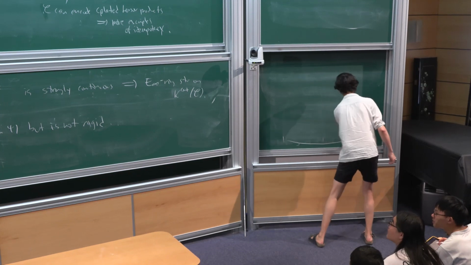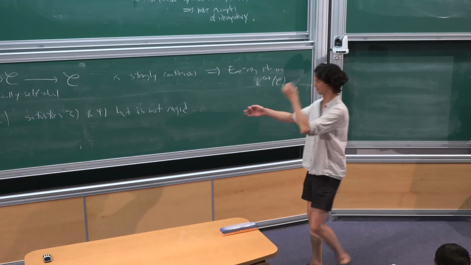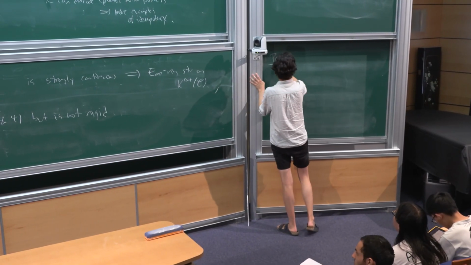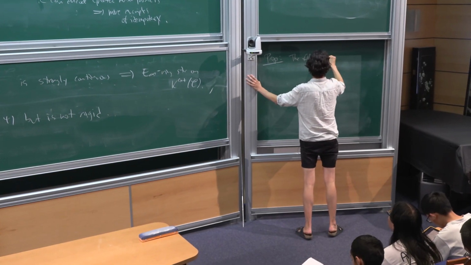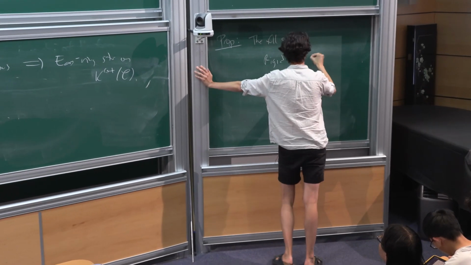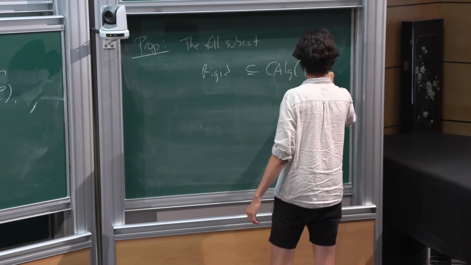Okay. So now, but there's a fix. Proposition: the full subcategory of rigid objects inside commutative algebra objects in PrL stable.